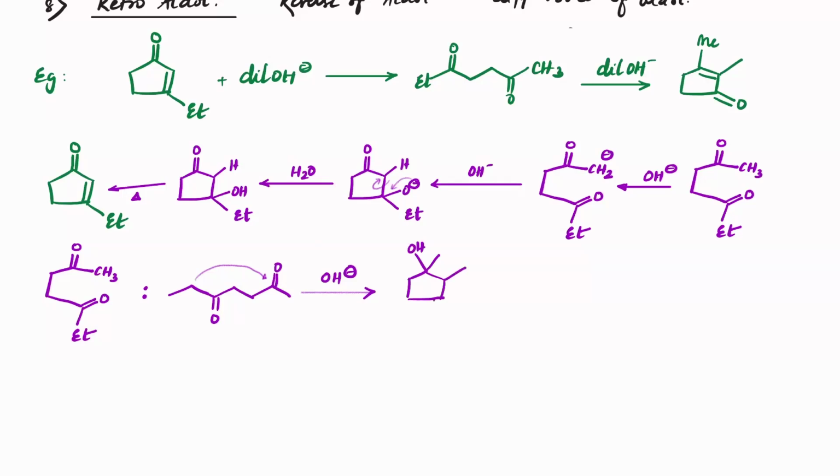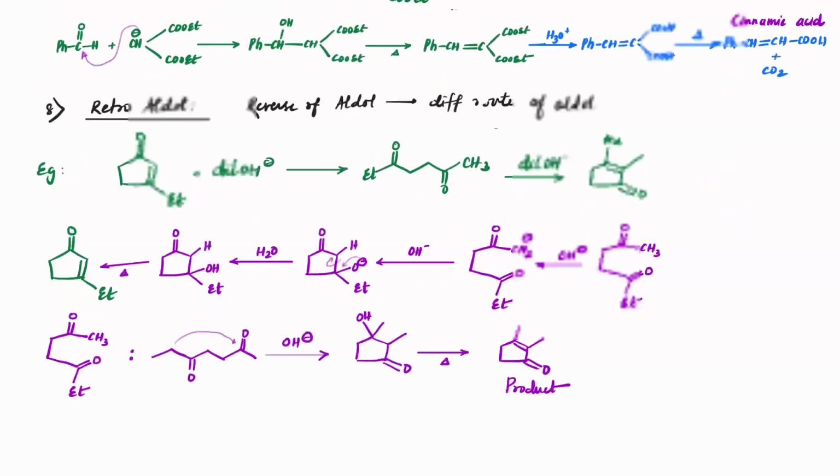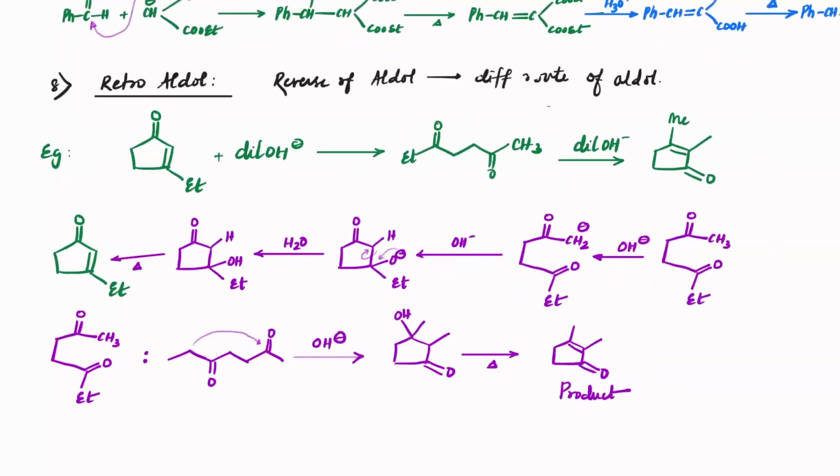Adjacent to that, we have a double bond O here. This is the way it is. And now on heating, what do we get? On heating, we will get a double bond here, methyl, methyl, and double bond O. That is the product formation. Right, everybody? Please check. This is how you need to work for aldol.